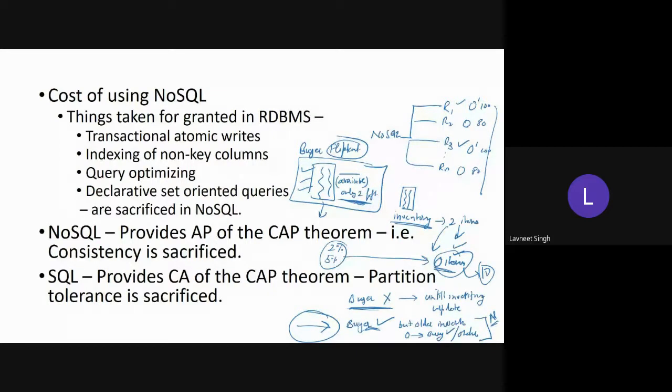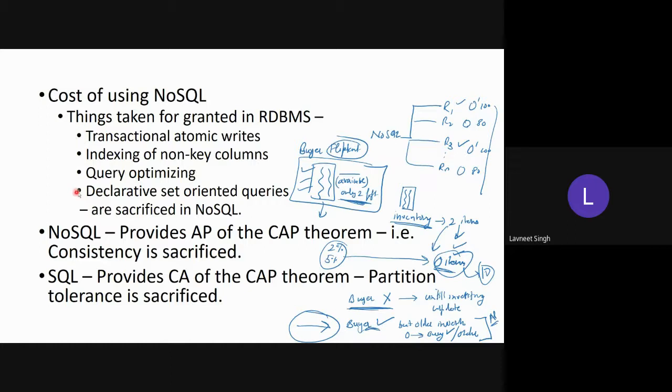in the SQL database. That is the key difference between NoSQL databases and SQL databases. Consistency is sacrificed in NoSQL. Consistency is not sacrificed in SQL. Partition tolerance is. That results in all these deficiencies of NoSQL.